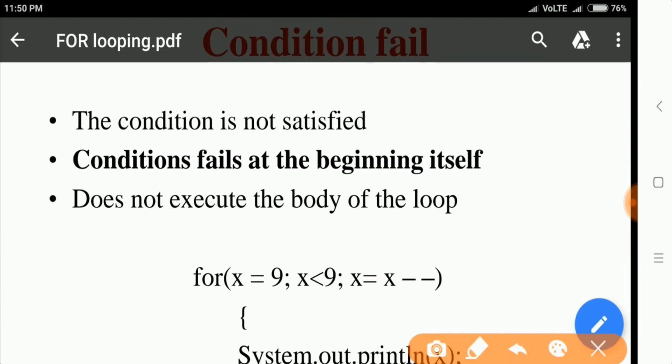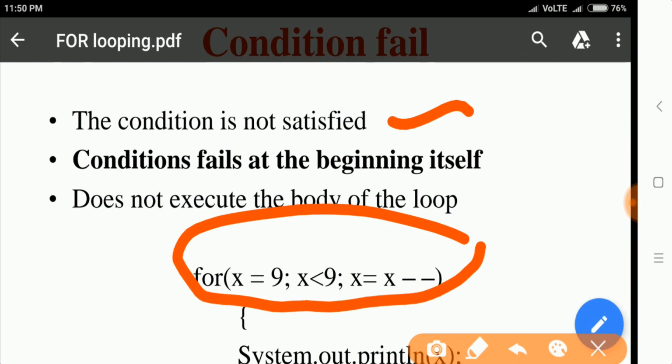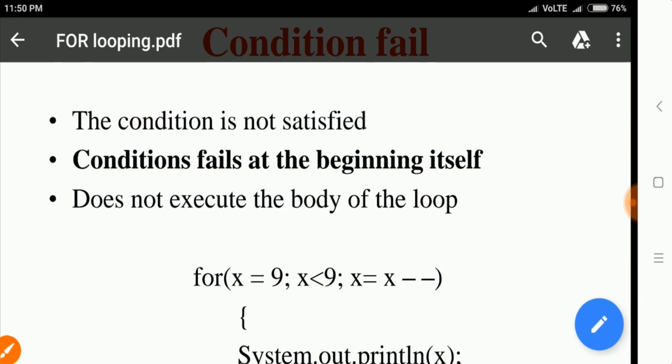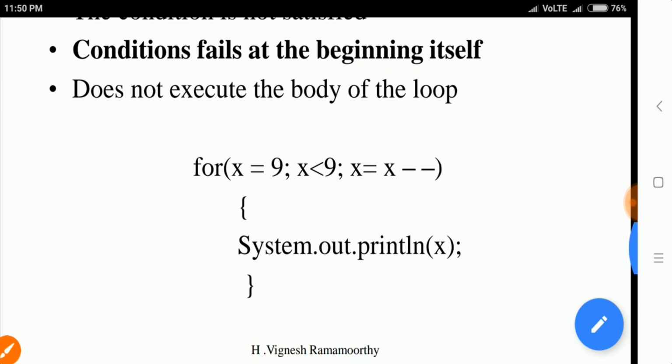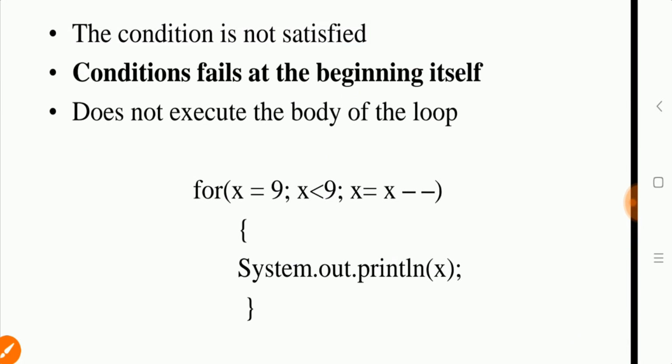As we know, for loop, once it evaluates the condition, if the condition is true, the body of the loop is executed. Here the condition is not satisfied, it fails, so the body of the loop is not executed. This example is an explanation for conditions failing at the beginning itself.